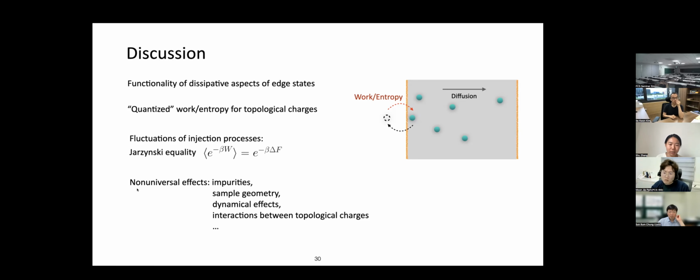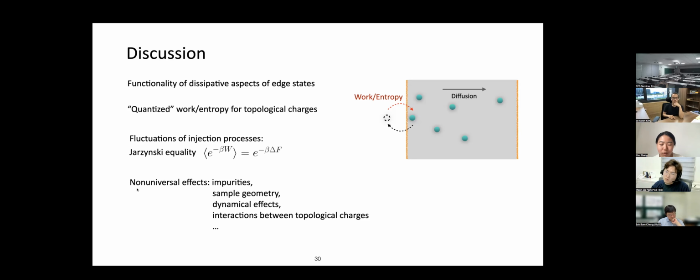But we haven't considered some other non-universal effects in this process. For example, there can be impurities that change the energy barrier of injection, or in superconductors, the sample geometry might also matter. And there are dynamical effects such as spectral flow as the vortex moves across the bulk with some finite velocity.